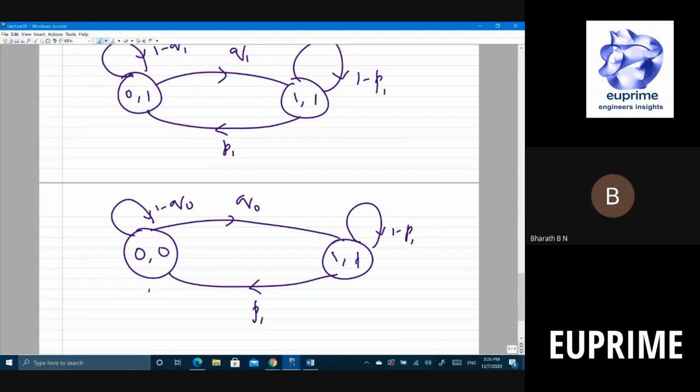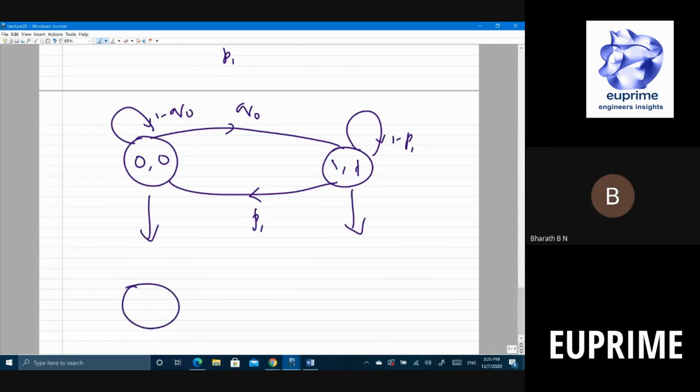For this, there could be a reward. Now I'm going to collect these rewards and look at the average. This is an easy problem: 0 transmit, 1 transmit, and there is some Markov chain for this.